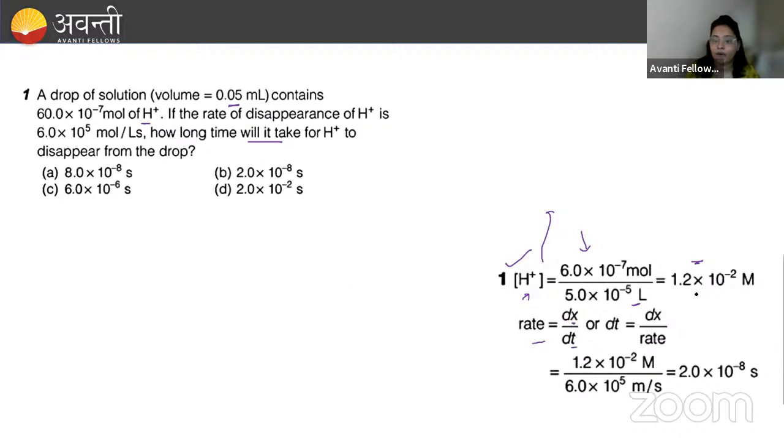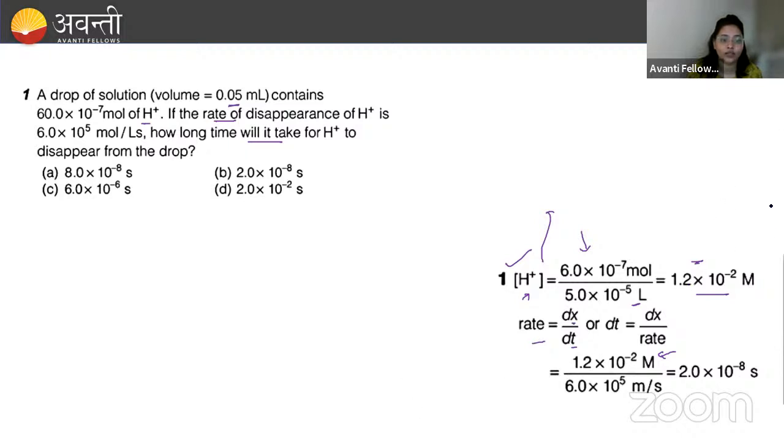So I have taken the concentration of H plus, which we calculated as 1.2 into 10 raised to minus 2 molar, divided by 6 into 10 raised to 5 meter per second, the rate of disappearance given in the problem. Putting all the values, I got the answer: 2 into 10 raised to minus 8 seconds.